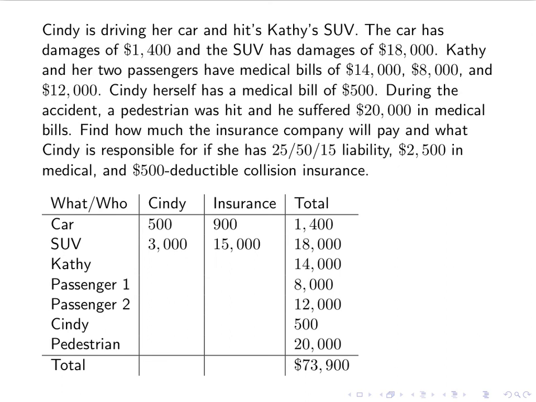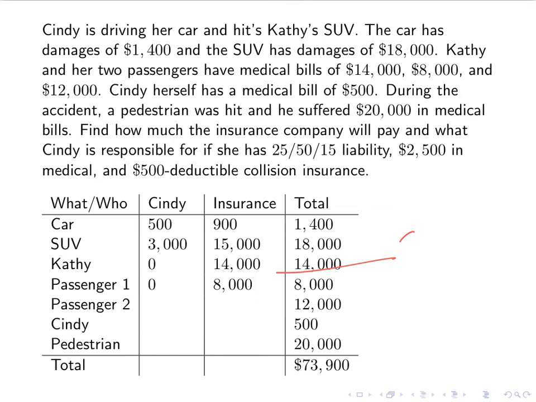Kathy, passenger 1 and passenger 2, the people in the SUV, are covered under bodily because they are people. Again, the insurance company will pay up to $25,000 per person, which each of them is under, and a total of $50,000. So Kathy is covered for the $14,000. Passenger 1 is covered for $8,000.